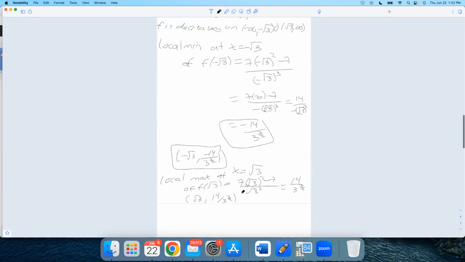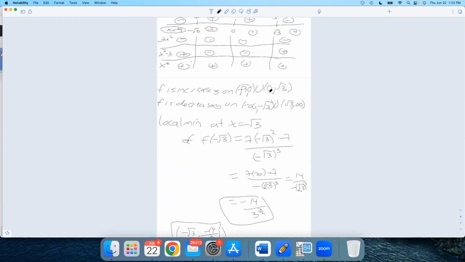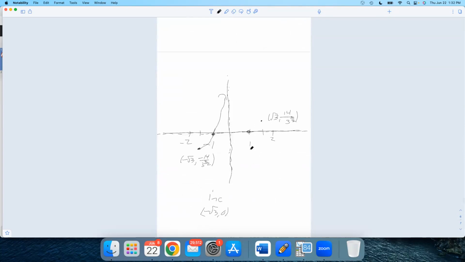And then where else were we increasing? 0 to root 3. So this one's tricky. I'm increasing from 0 up to root 3, from here to here. Remember, we're looking at x values.